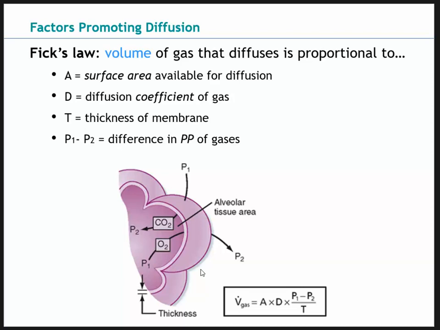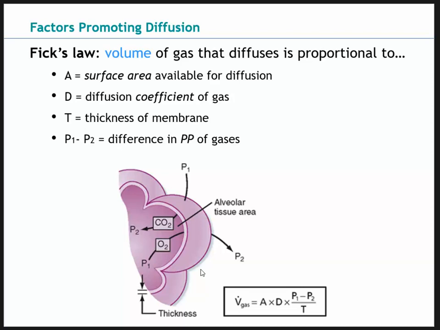So D, what is D? Diffusion coefficient, the ease at which gas flows. So ease at which gas flows, or diffusion. It's the diffusion mobility. Another way to explain it is the magnitude of molar flux. Molar flux is the rate of mass flux per unit area.